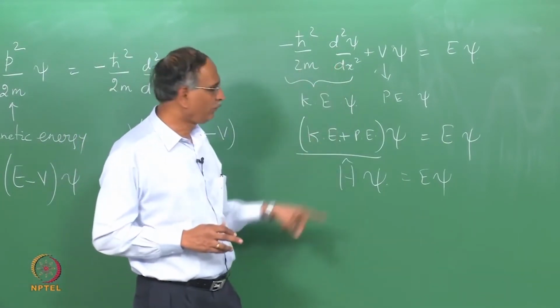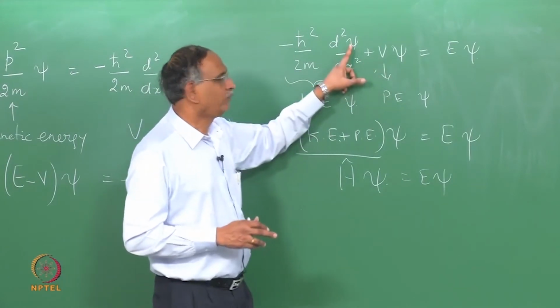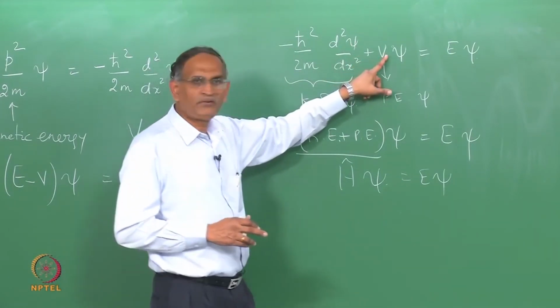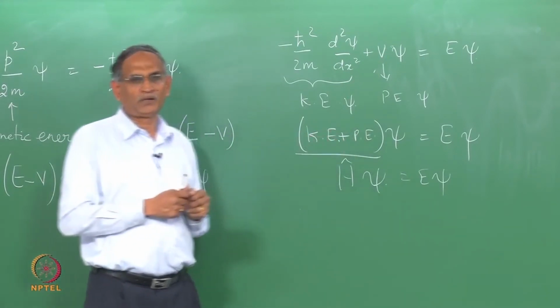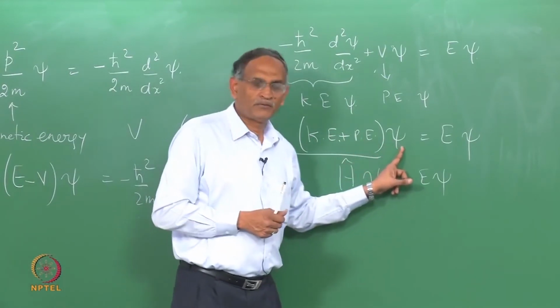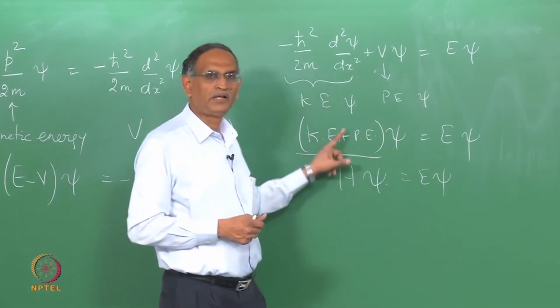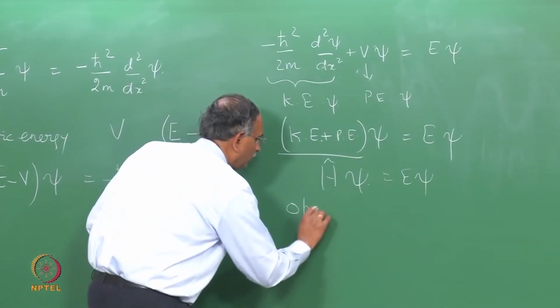Now we have put the derivative here, and therefore the Hamiltonian is a derivative acting on the wave function. And the potential, which is of course a function of the position of whatever particle or the system that you talk about, generally multiplies the wave function, but the two together is actually an operator acting on psi.